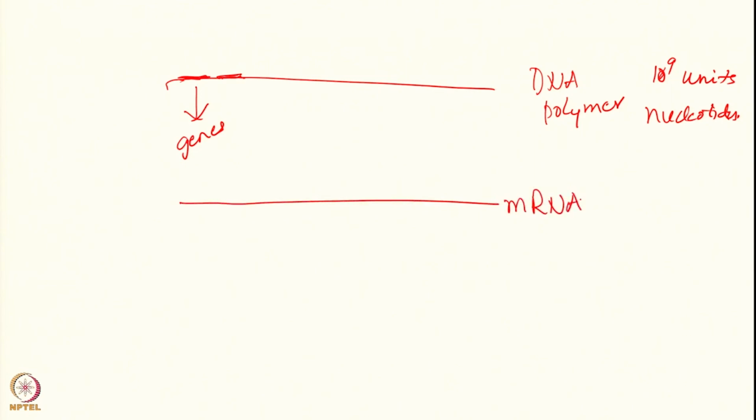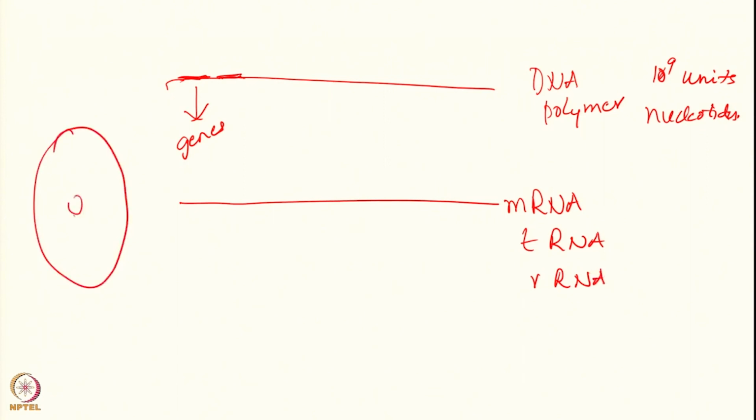There are 3 different types of RNAs. These are messenger RNA, then the tRNA, and then you have the ribosomal RNA. So if I were to draw the cell here, you have the nucleus, and this contains the DNA, and the mRNA, and these things actually happen inside this other thing which is called the cytoplasm here.